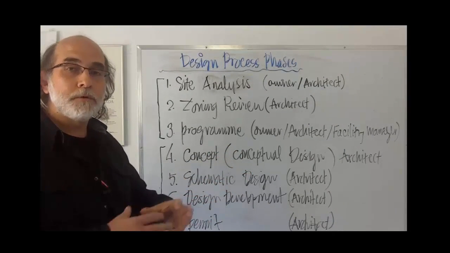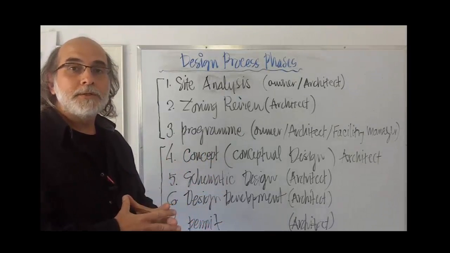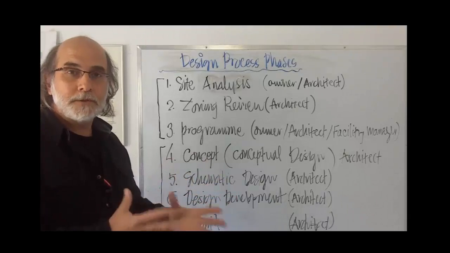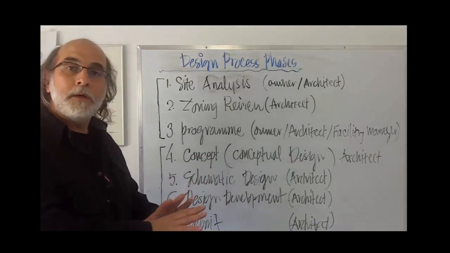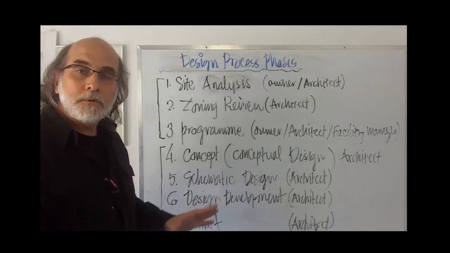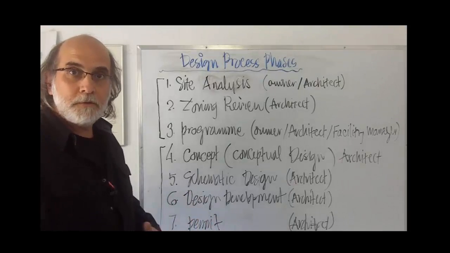Conceptual design is more of grasping the concept of that design aesthetically and philosophically before we move on to the schematic design, where certain requirements have to be fulfilled in order for that phase to be signed off by the owner.